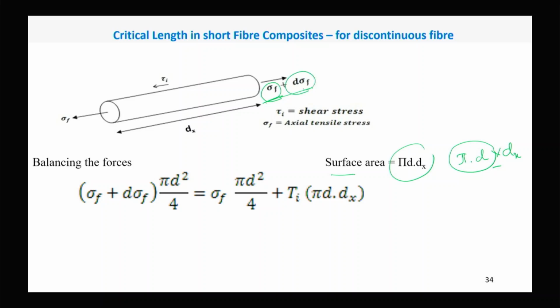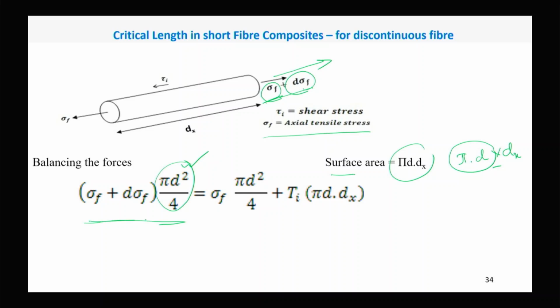So that is the axial tensile stress added, and that multiplied by the cross sectional area of fiber is the total force. This force we are applying on the fiber, and that force will be restrained by the composite, because this fiber is assumed to be inside the composite.